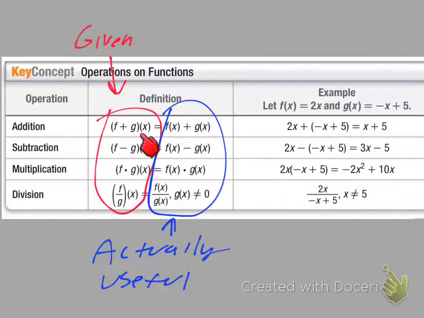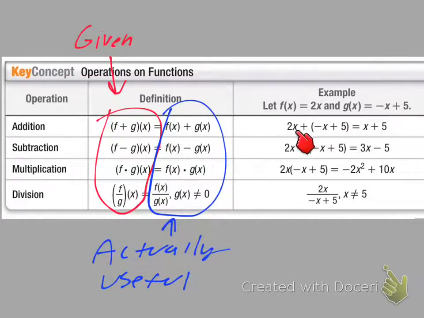It is a fancy function notation. You have f plus g of x. That's how you say that guy. The real use of it is to take f of x and g of x and add them together. Looking at the examples, f of x is 2x, g of x is negative x plus 5.